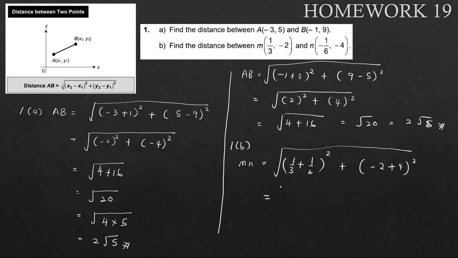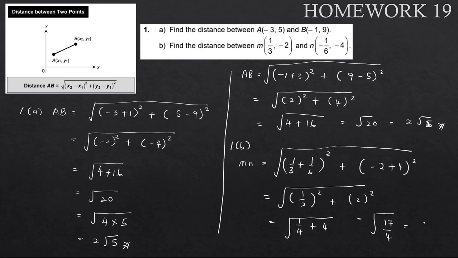Equal 1 over 3 plus 1 over 6 is 1 over 2, squared. Negative 2 plus 4 is 2, squared. 1 over 4 plus 4, we get square root of 17 over 4. To simplify, square root of 17 over 2, because square root of 4 is 2.